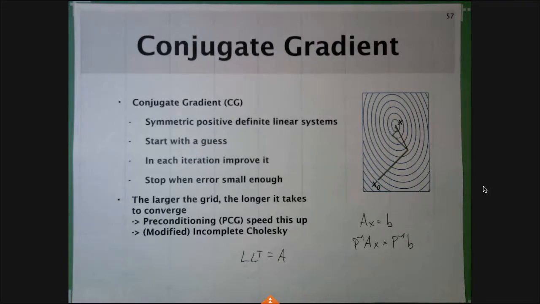So the direct solvers are using all sorts of tricks to reorder the matrix A. The trick proposed here, the modified incomplete Cholesky, is to essentially force the matrix L to only be allowed to be non-zero on the points where A is non-zero.